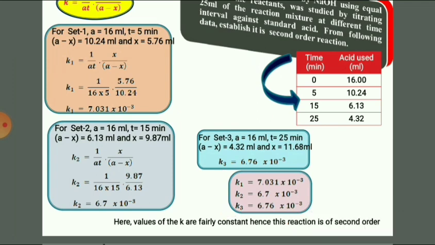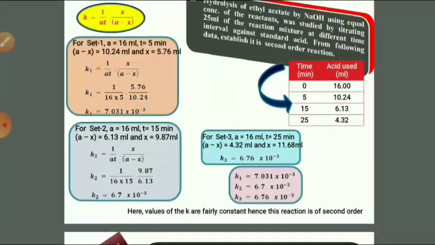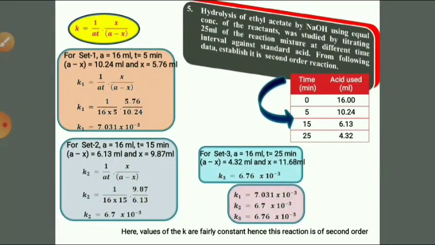Hence, since the values of k are constant, this reaction belongs to second order reaction, or second order kinetics. So in this way, by calculating the value of k, we can say that the given data belongs to a second order reaction.